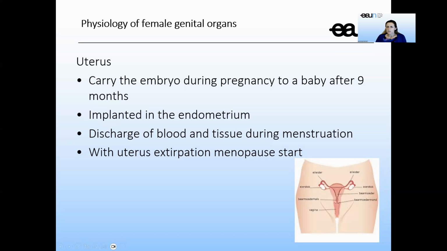When there's no fertilization of an egg, then after a few days the menstruation starts. So normally that's exactly about 2 weeks after the follicle has matured and the egg has been transported from the fallopian tube.